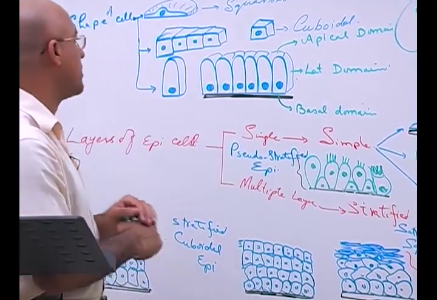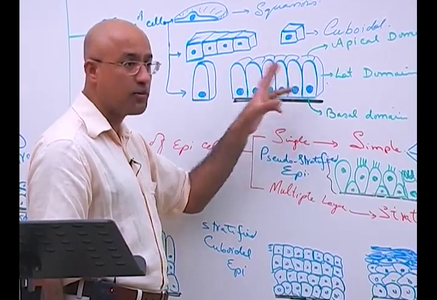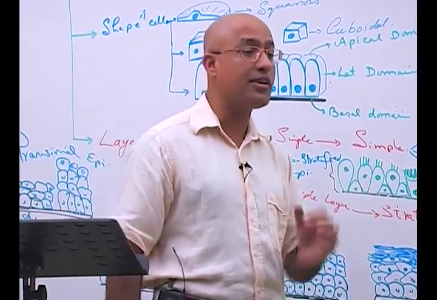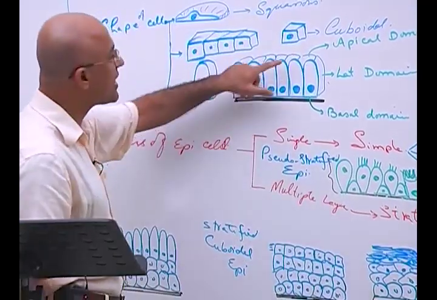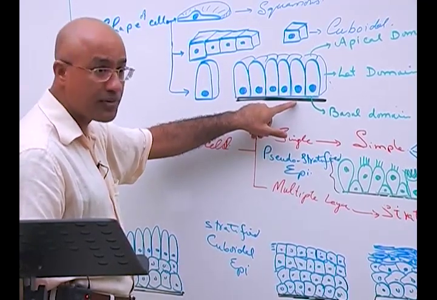Now we will talk about how different areas of these epithelial cells, the different domains, are structurally, functionally, and even biochemically specialized. For example, the apical domain may have different functions and the basal domain may have different functions, right?